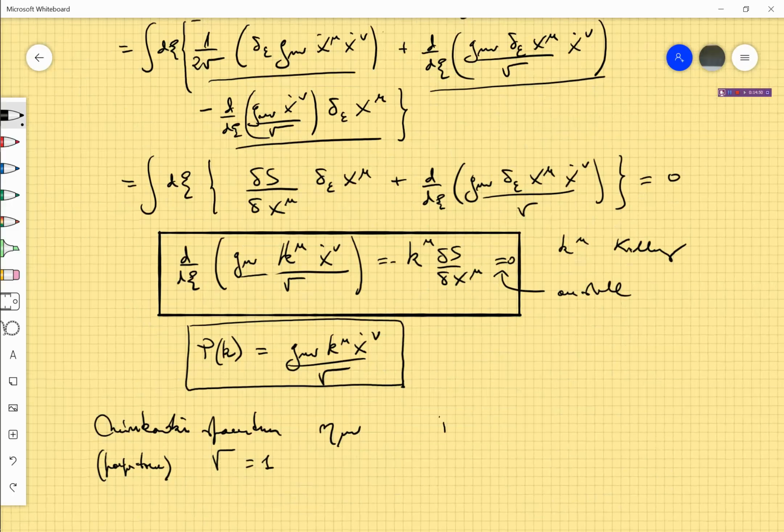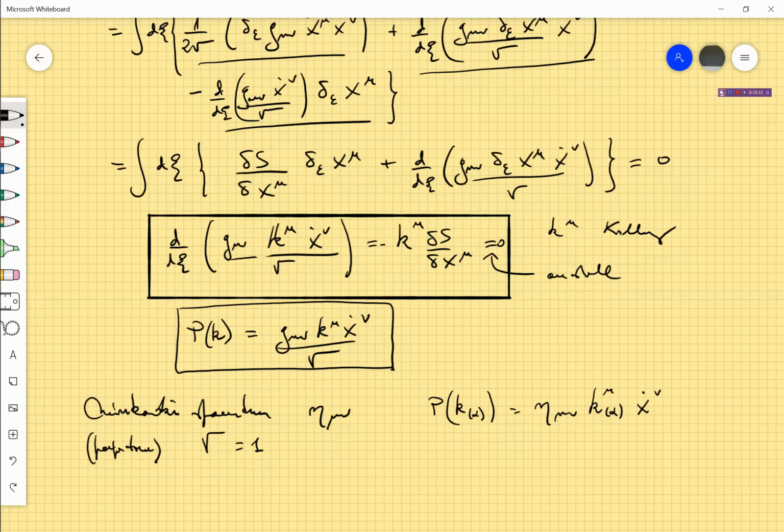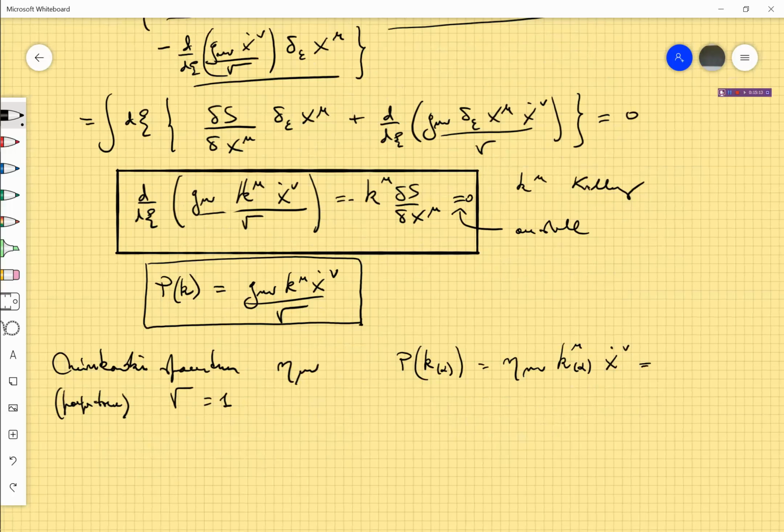For the Killing vectors associated to translations, let's choose a different index, alpha, you have eta mu nu, and you have k mu alpha, which was a delta, x dot nu. Okay, let's see what this is. This is just eta alpha nu x dot nu.